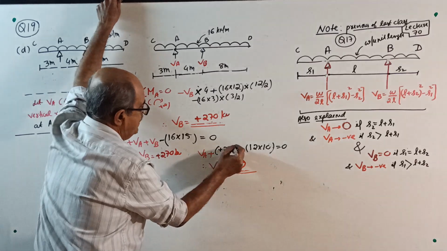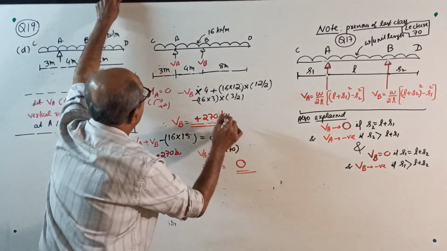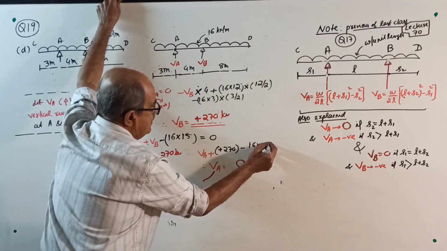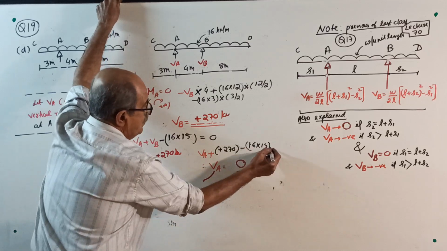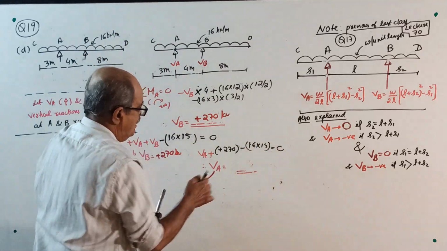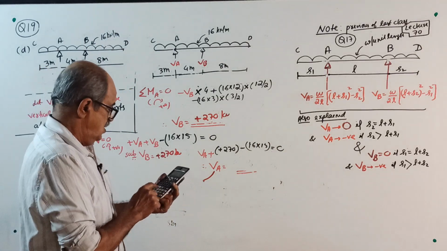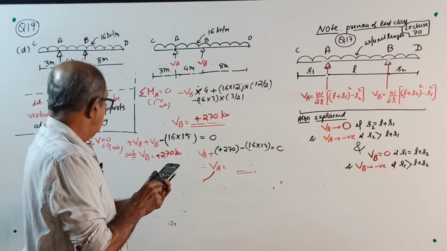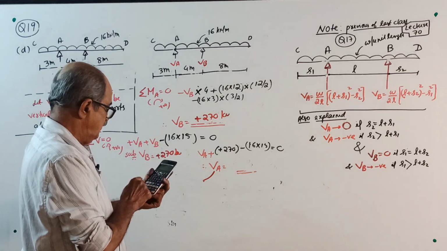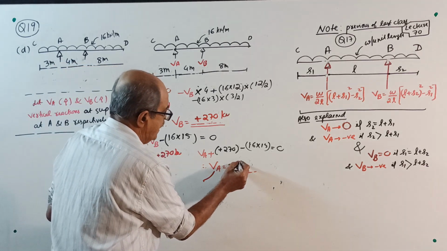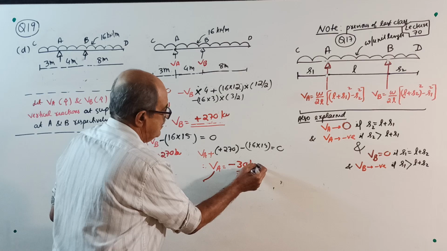VA plus 270 minus 16 into 15 equal to 0. Your VA will come 270 minus 16 into 15, which is positive, so taking the other side, minus 30 kilonewton.